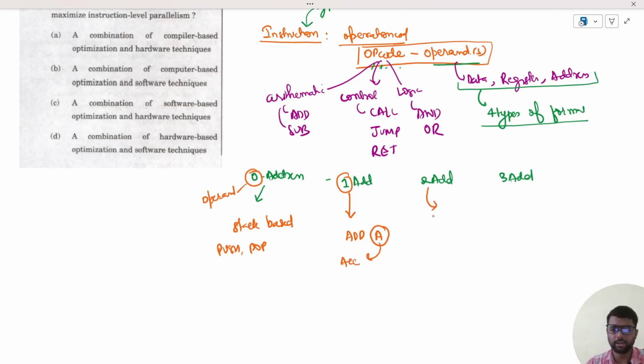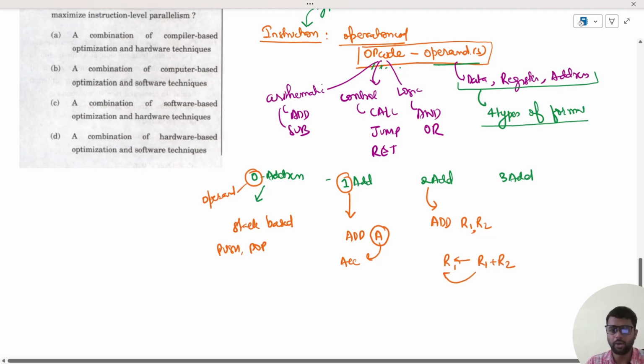In two address, there would be two operands, like add R1, R2. Here we are adding the values of R1 and R2 and storing the result in R1, the first one.